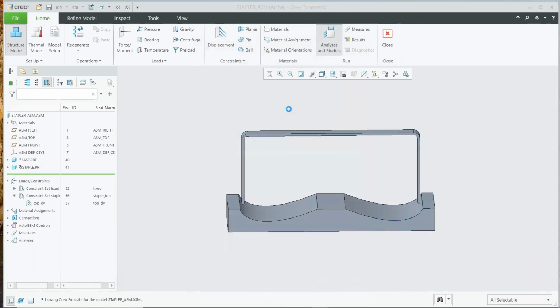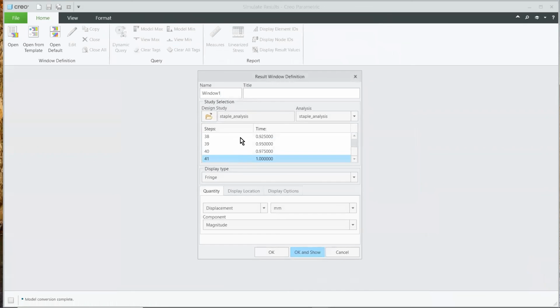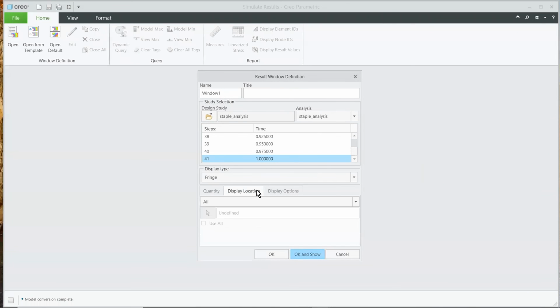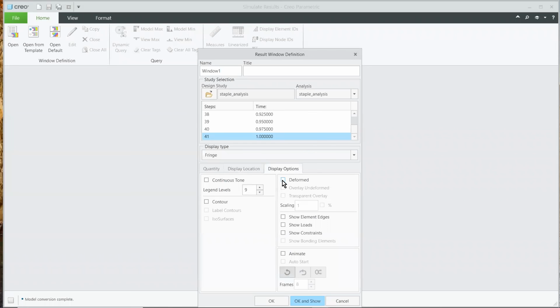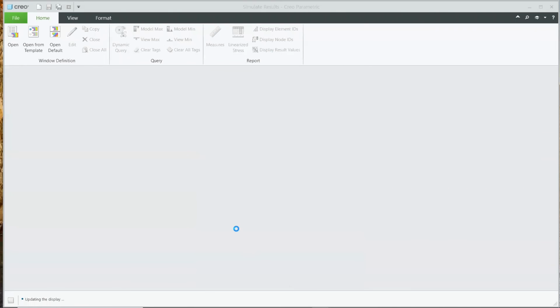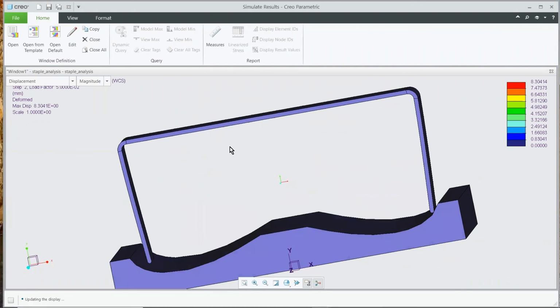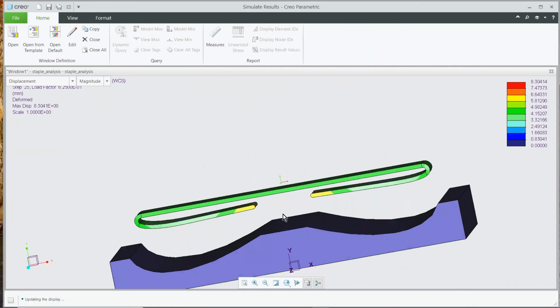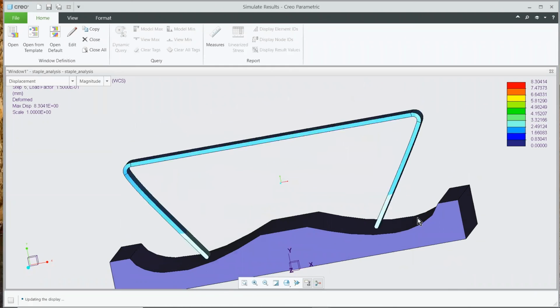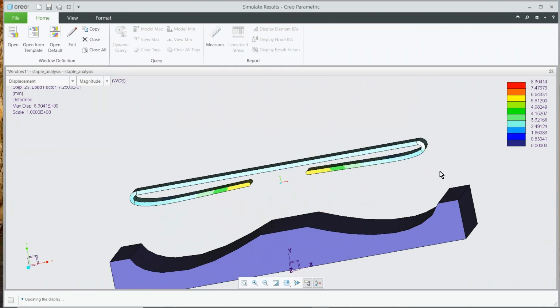So let's look at the results. We'll take a look at displacement. We'll say deform, animate that. So here we can see it. Again, remember, it's moving down that 5.8 millimeters, then moving back up. But we can see as this follows along, these guys never ended up hitting the back of this.